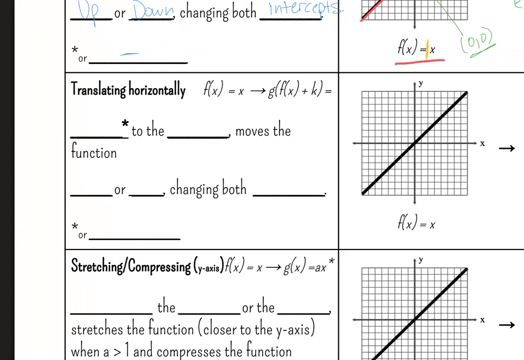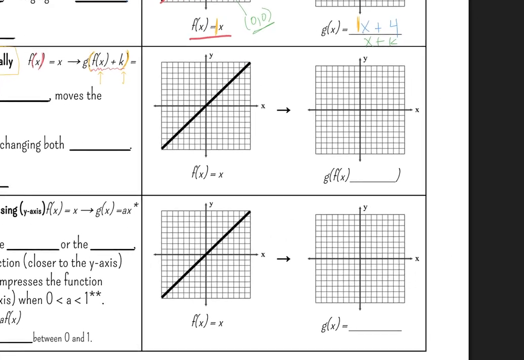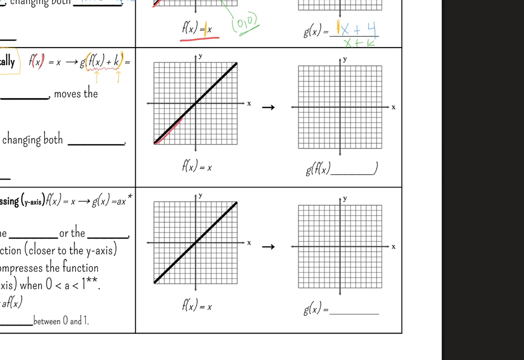Translating horizontally. So notice it's like I just did in that little example, it's inside that little function box, or function parentheses, right? Notice how this is just regular old x, and this is definitely more than regular old x, right? So here's regular f of x again.